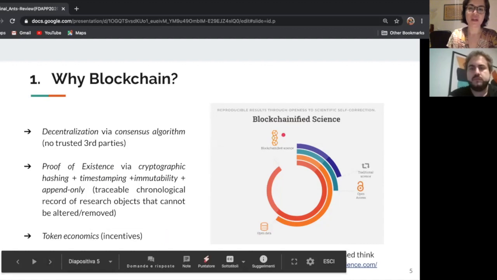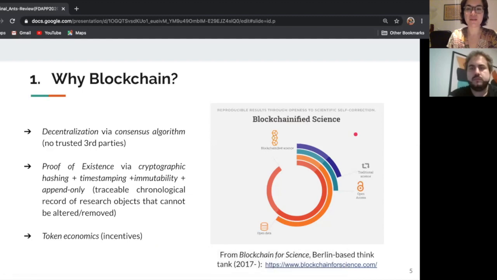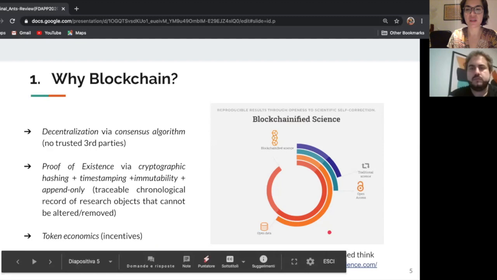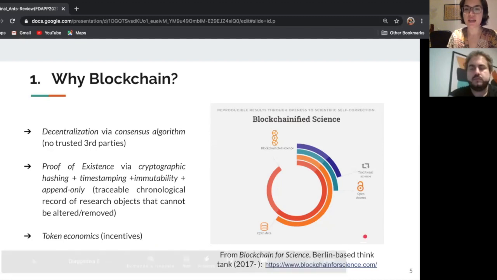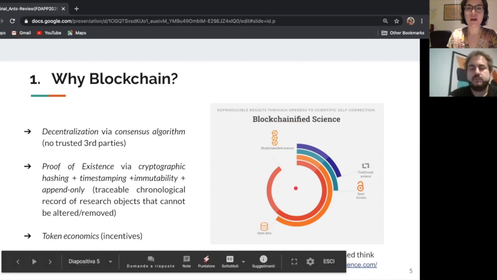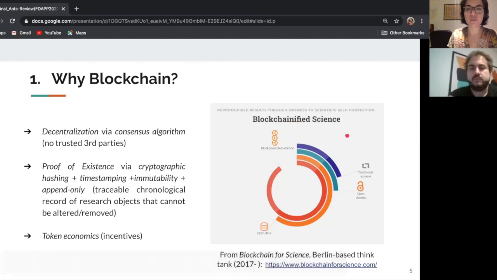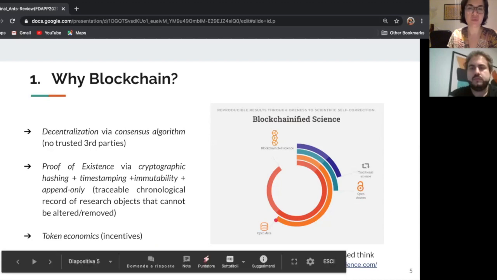Indeed, in the scientific conversation recently, for example, we cite the think tank based in Berlin called Blockchain for Science. It has been pointed out that blockchain could be the solution that can bring scientific research towards open access, open data, and reproducibility.